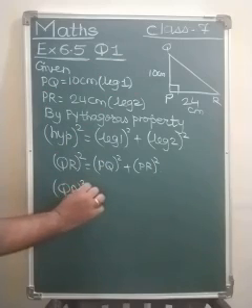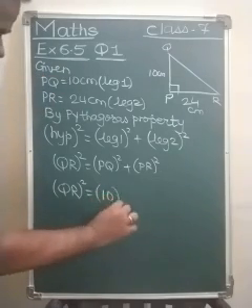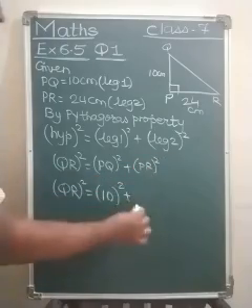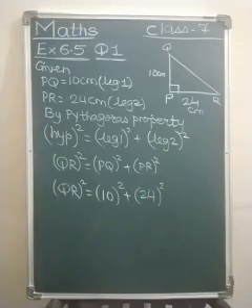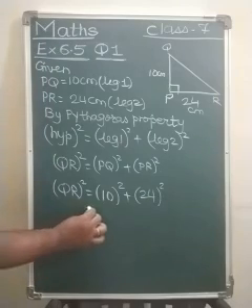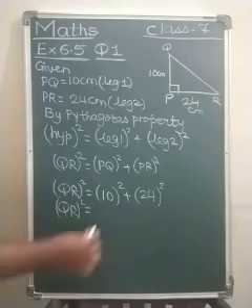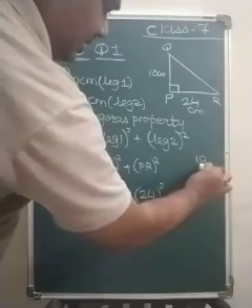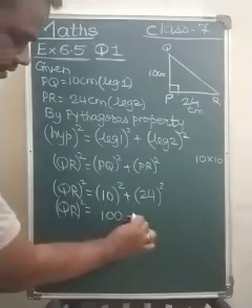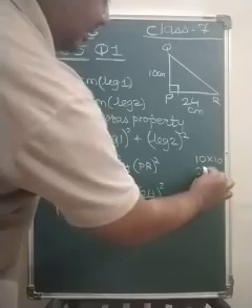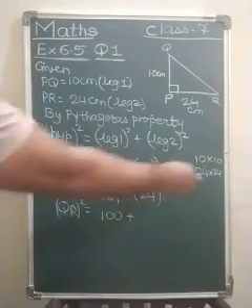But remember, this is square, so this equals PQ square, that is 10 square, plus PR square, that is 24 square. So QR square equals 10 square, which means 10 multiplied by 10, so this would be 100, plus 24 square, which means 24 multiplied by 24.